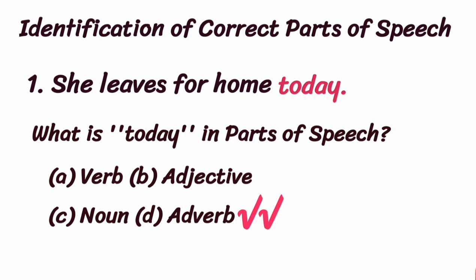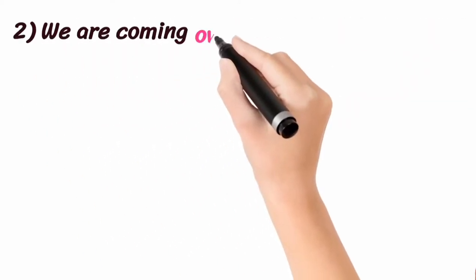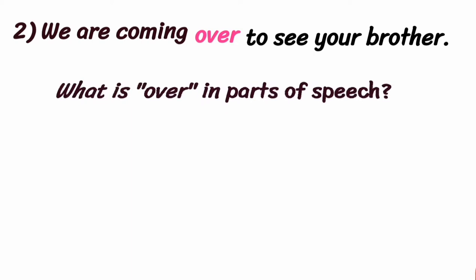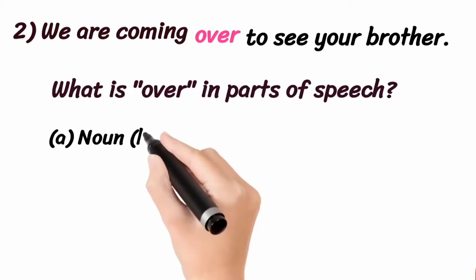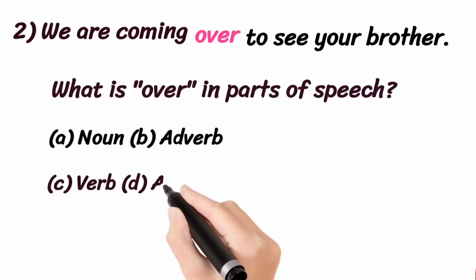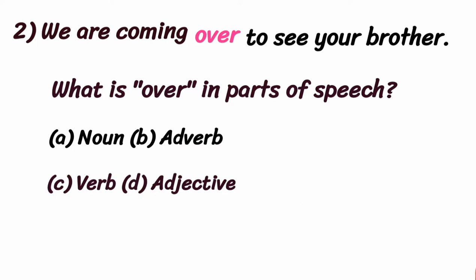Today is adverb. Second question is, we are coming over to see your brother. What is over in parts of speech? Option A, noun. Option B, adverb. Option C, verb. Option D, adjective. Now most students confuse over with its prepositional and adverbial usages. So let me tell you that over is not only used as a preposition but it is also used as an adverb.